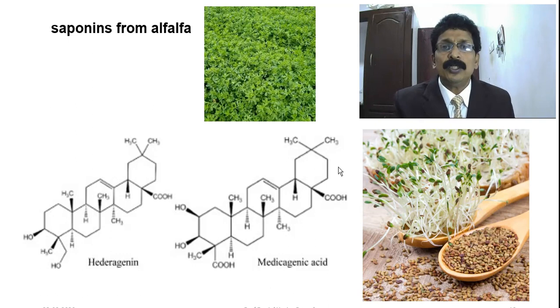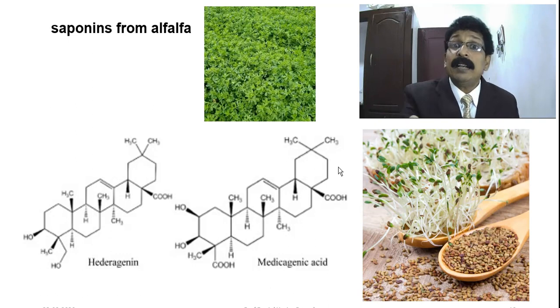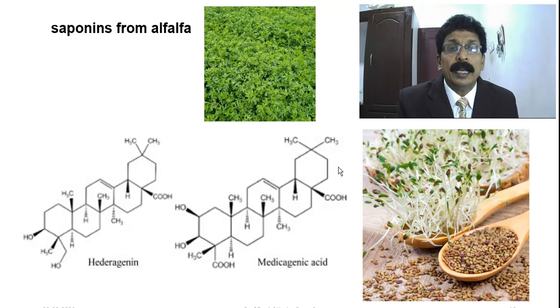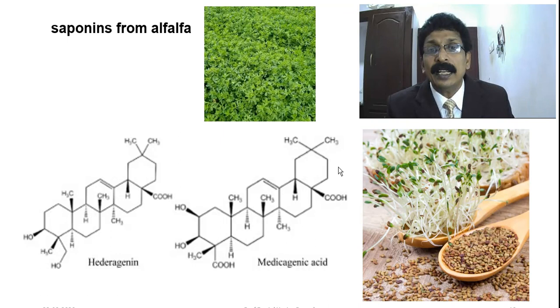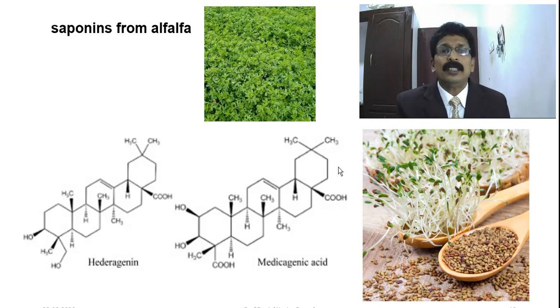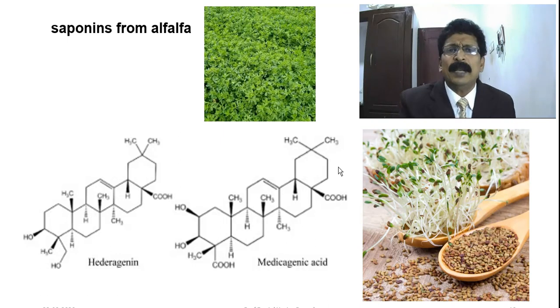Understand? And also you can see we told it contained 2 saponin glycosides, which are heterogenin and medicogenic acid. So what is the difference between heterogenin and medicogenic acid?